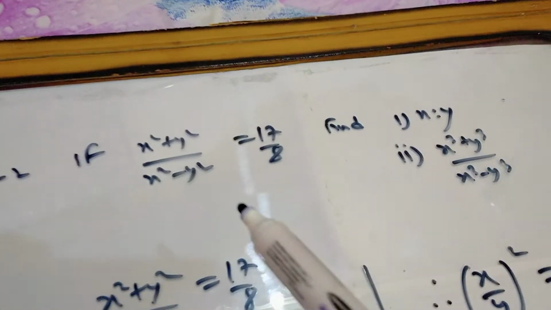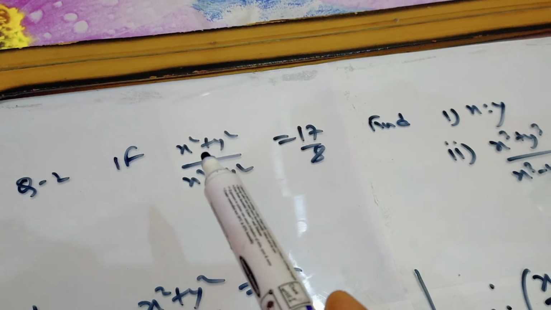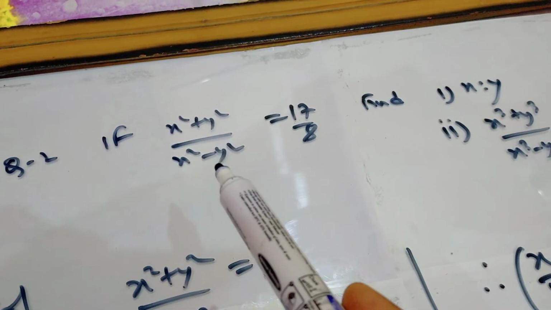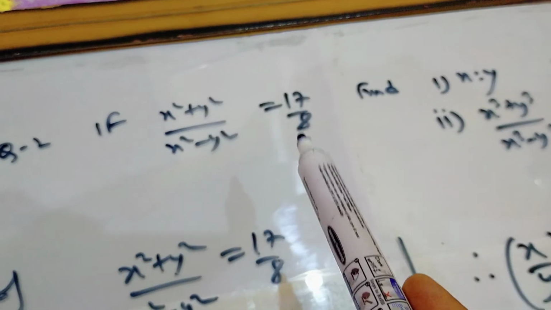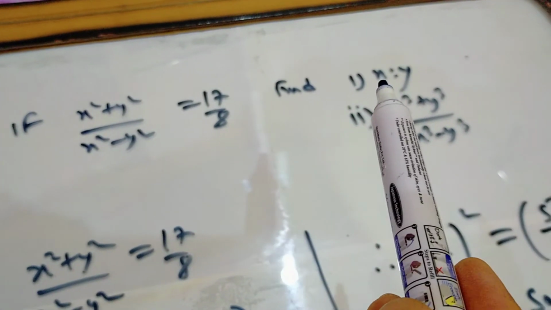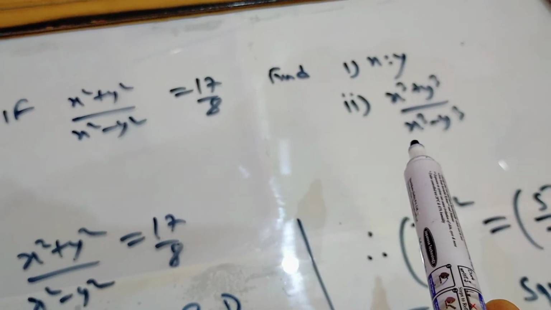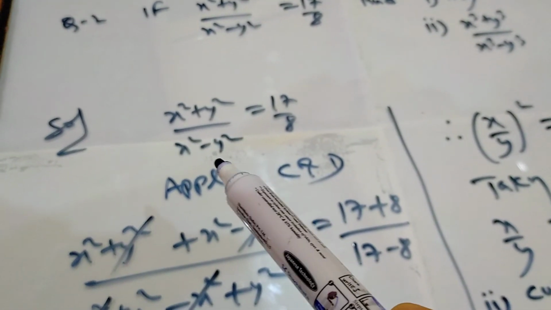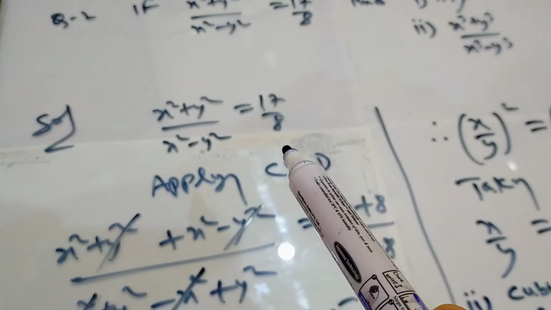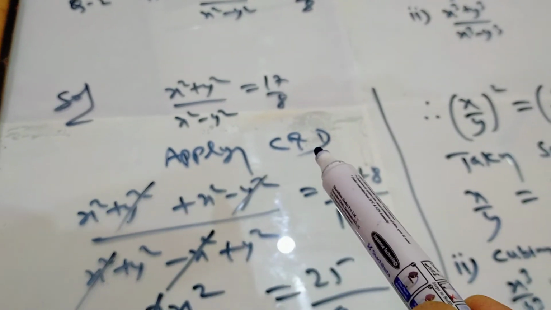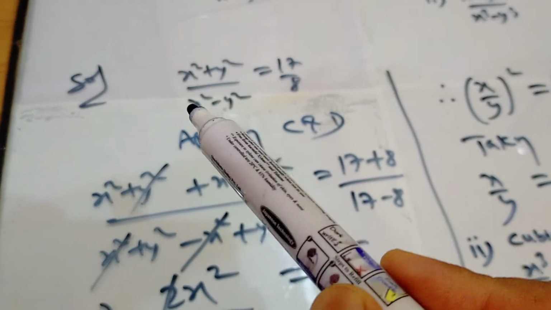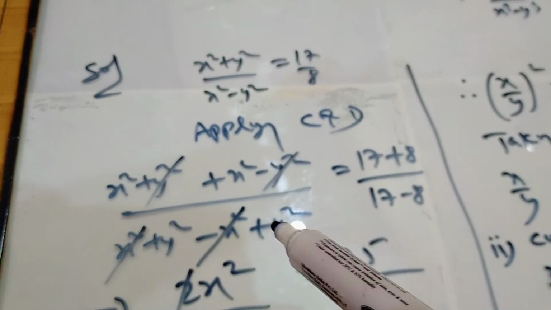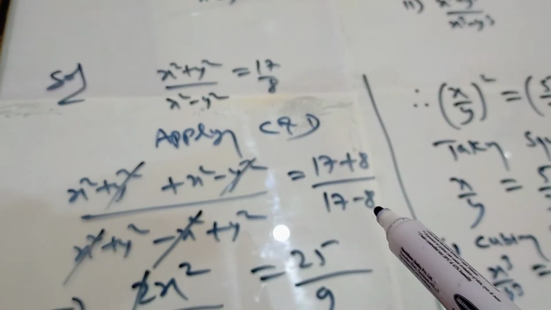So look at the second question. In this question, x square plus y square upon x square minus y square is equal to 17 upon 8, and we have to find two things: x is to y, and x cube plus y cube upon x cube minus y cube. Applying C and D, numerator plus denominator upon numerator minus denominator, here also numerator plus denominator upon numerator minus denominator.